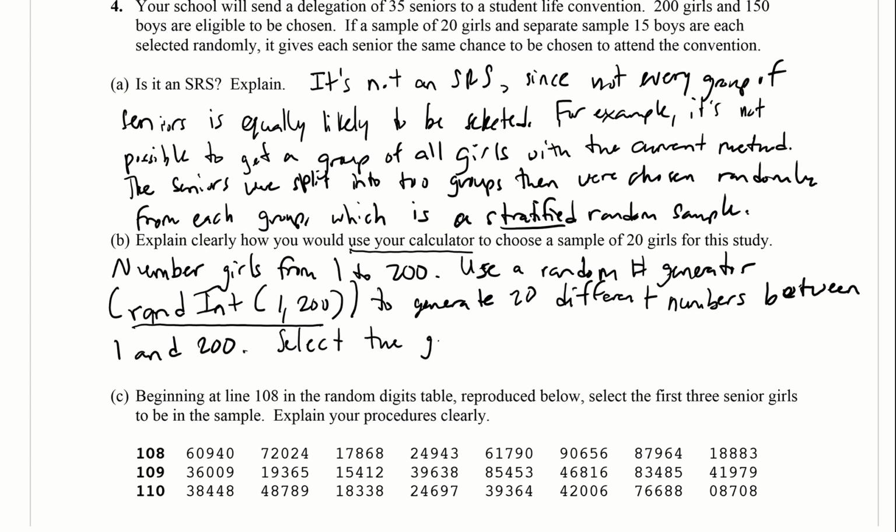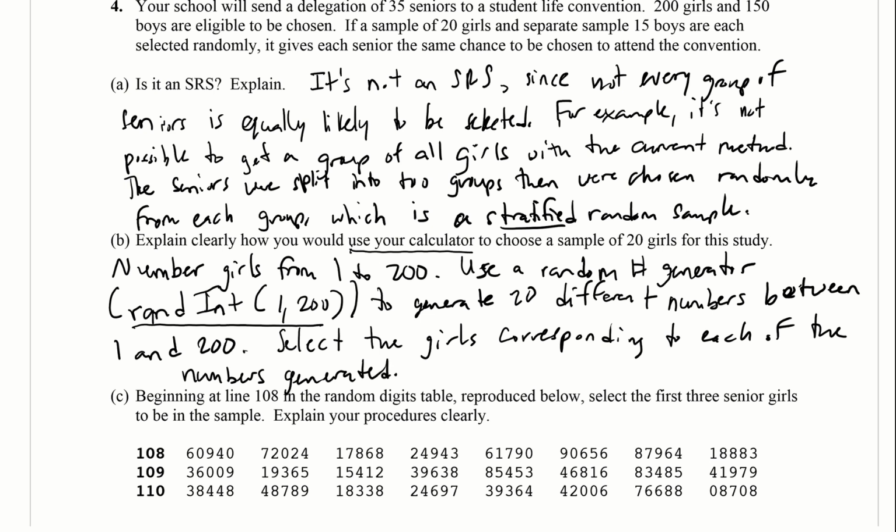Select the girls corresponding to each of the numbers generated. Okay, so this includes the random number generator stuff, the generic stuff that we showed, but also includes the calculator command.